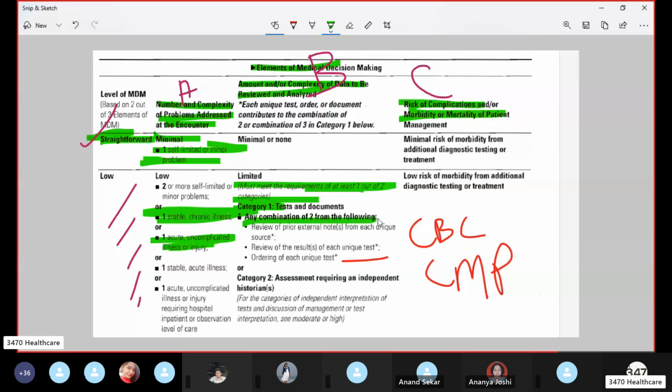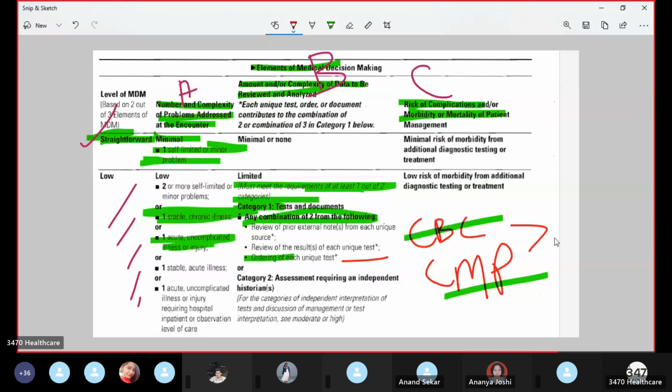Any combination of two from the following. Any combination. Each unique test, that is also one point. So under order itself, we have the CBC one and CMP one. So two bullets warrant.